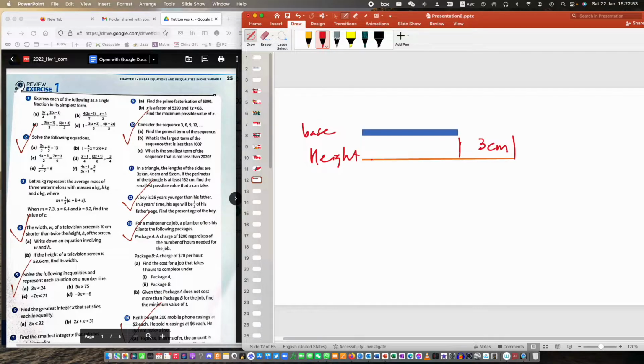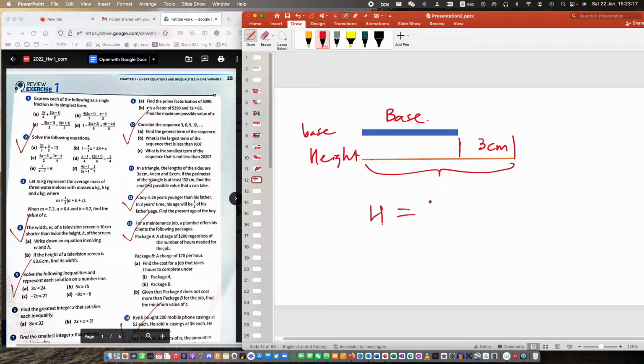So now I ask you, this is the H, right? Yeah. This is the base, right? So base, H is equal to... how do you get H? Now you look at the screen.